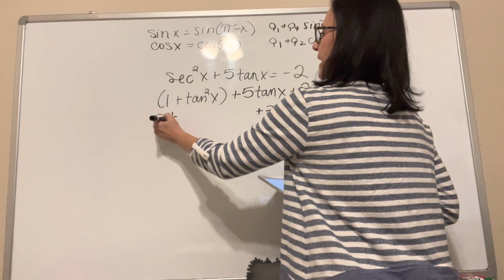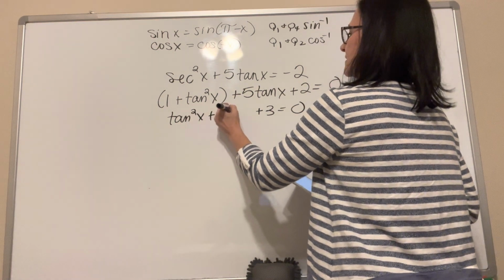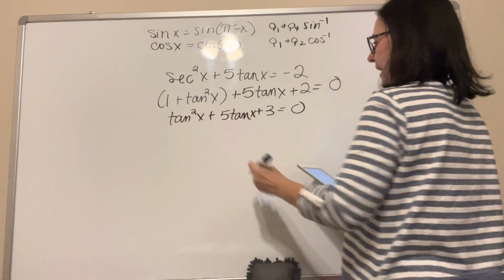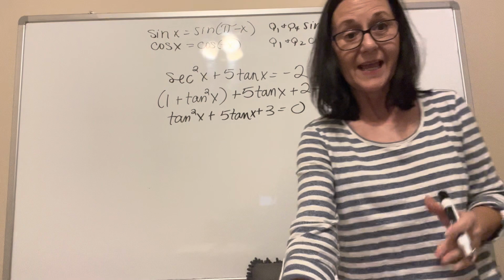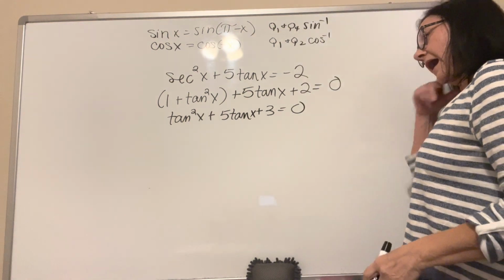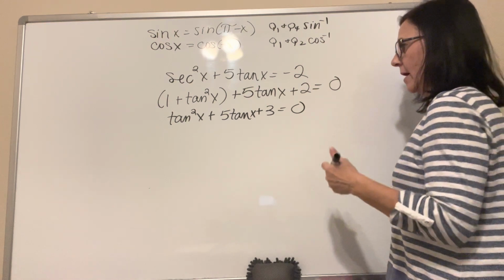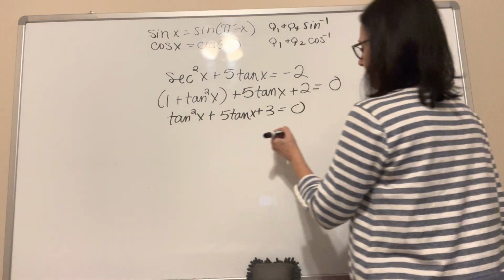So this is tan squared x plus 5 tan x plus 3 equals 0. Now remember, the tan can be greater than 1 and less than negative 1. I can't think of factors of 3 that add to 5. So I'm going to use the quadratic.